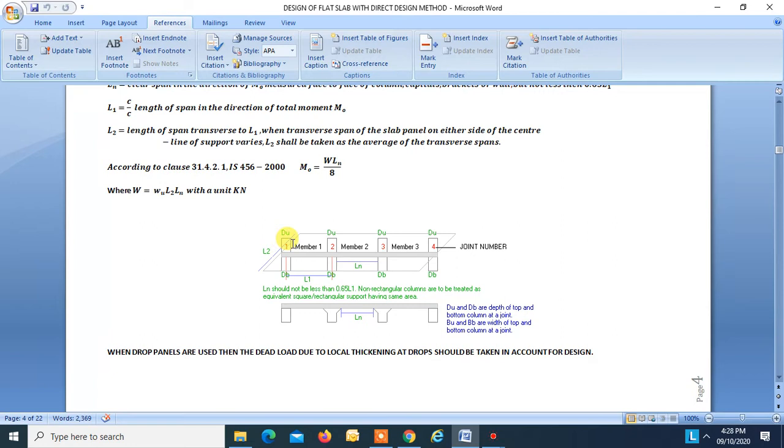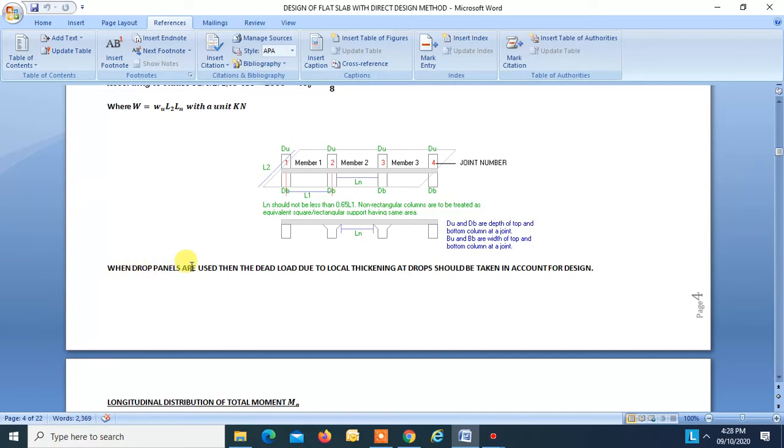Now, at a joint, the depth and width of the column above the flat slab are taken as Bu and Du, and for a column below the flat slab, the width and depth of the column are taken as Bb and Db. When drop panels are used, the dead load due to local thickening of the drop shall be taken into account for design.